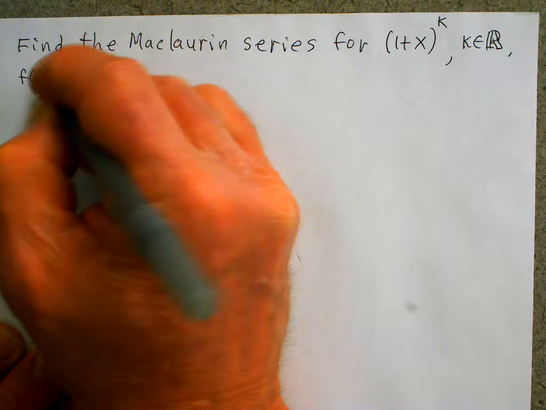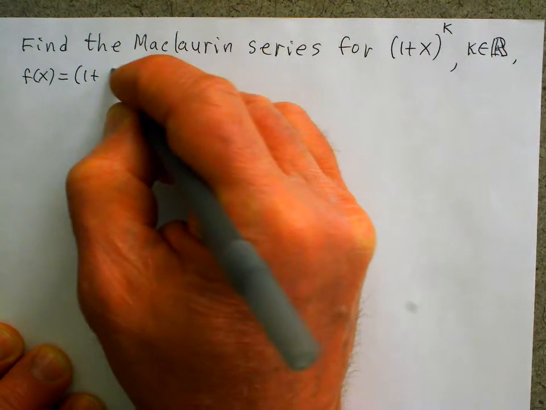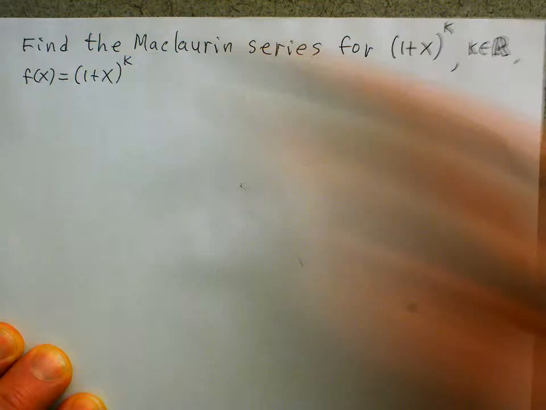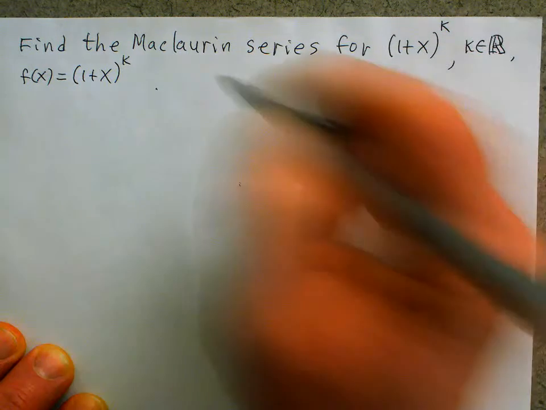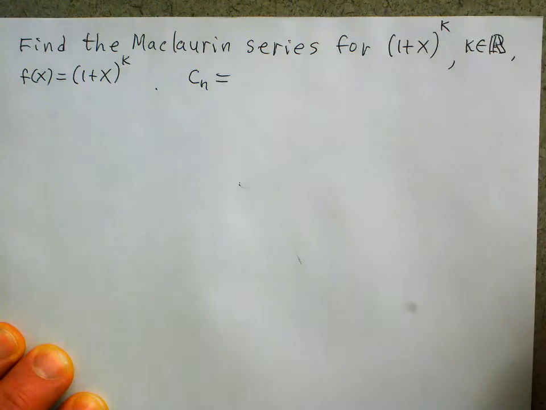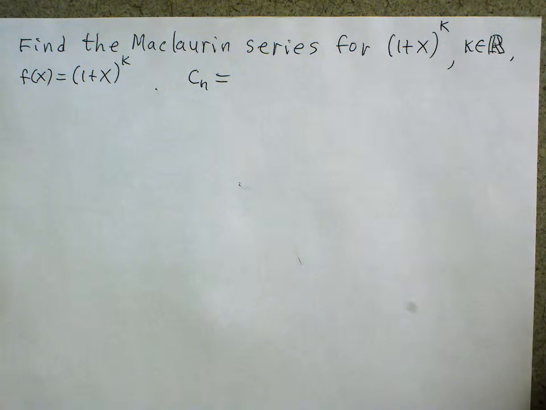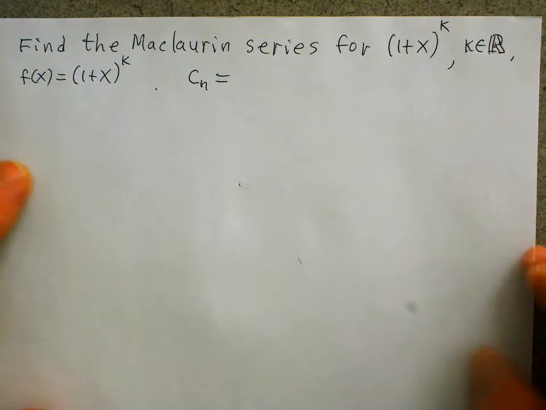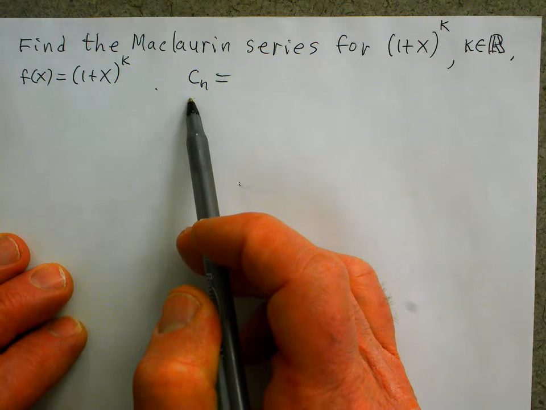Okay, so if f of x is 1 plus x to the k, what are the coefficients for the Maclaurin series, if it's a Maclaurin series for a function f? So c sub n just represents a coefficient in the series.